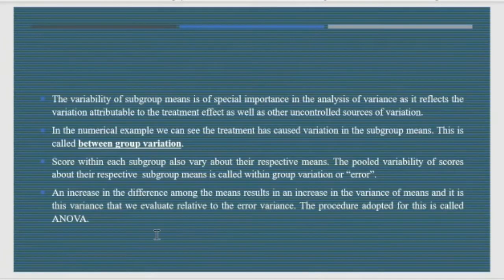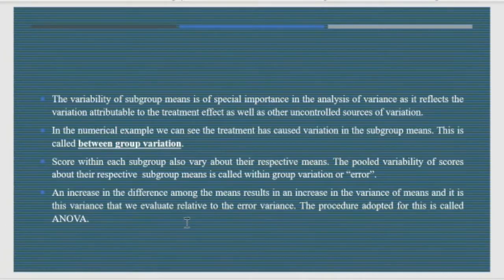Yes. So an increase in the differences among the means results in an increase in the variance of the means. We evaluate the differences between means relative to the error variance, and this is called ANOVA. As in this slide, F is equal to true variance divided by error variance.